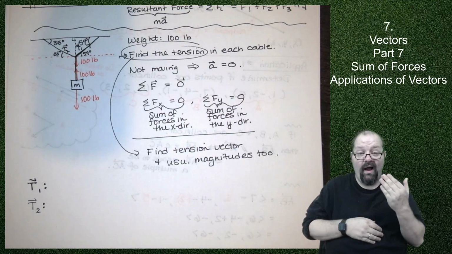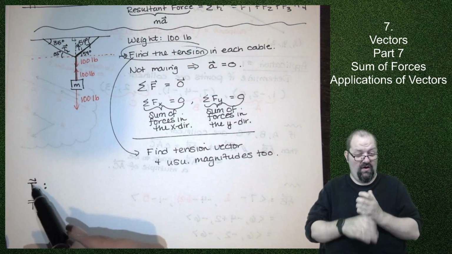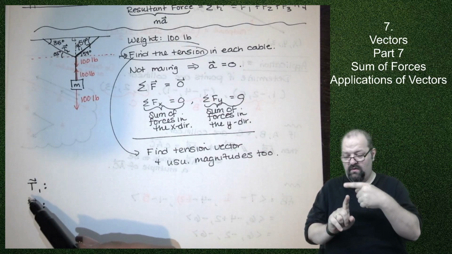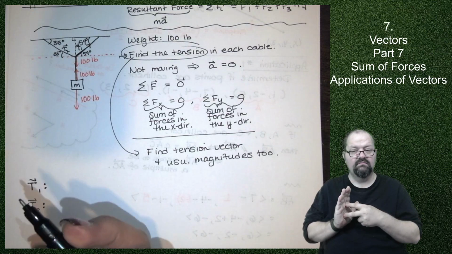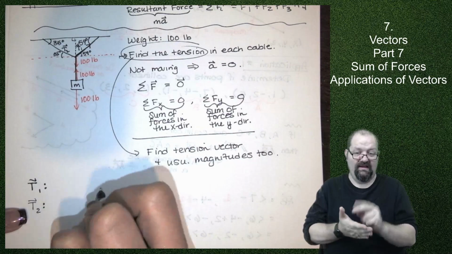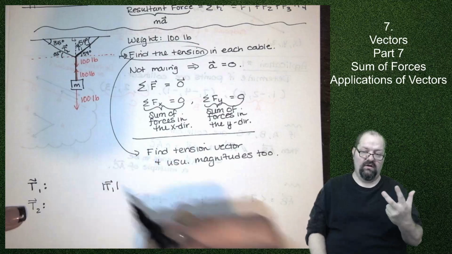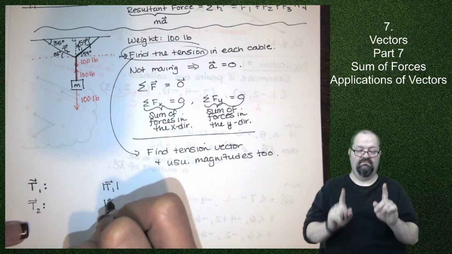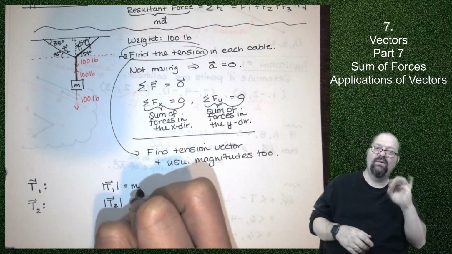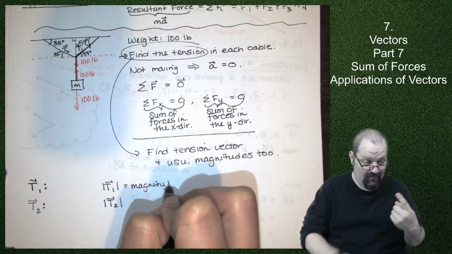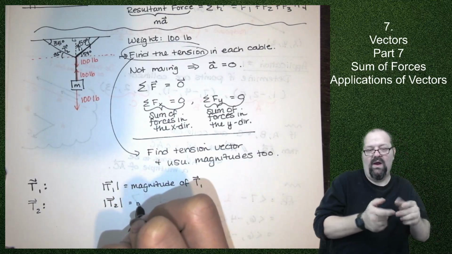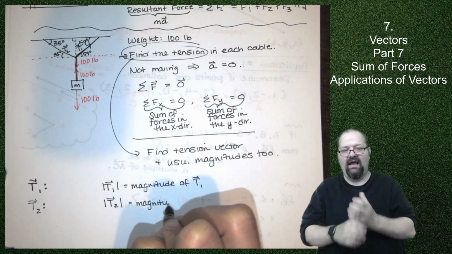Because I am in Calculus 3, rather than just using T sub 1 without a vector, without an arrow over it to indicate the magnitude of the tension, I'm going to use that magnitude notation. This is the magnitude of T1. I know it's overkill on the notation, guys. You know, if you've taken physics, you're like, there's a much easier way to write this. I know. But we're in Calc 3 and we're getting used to this new notation, so we're going to keep using it here.